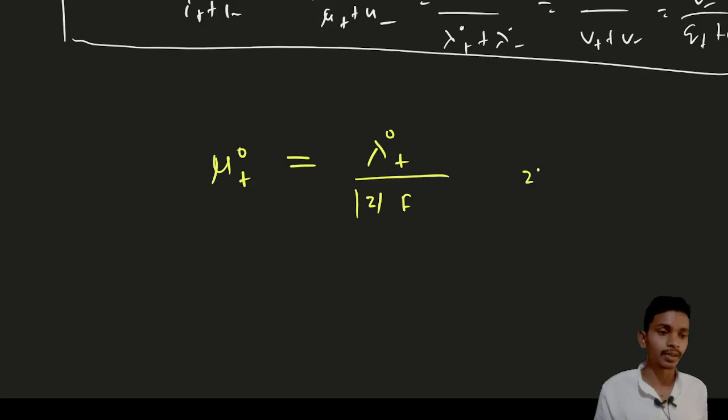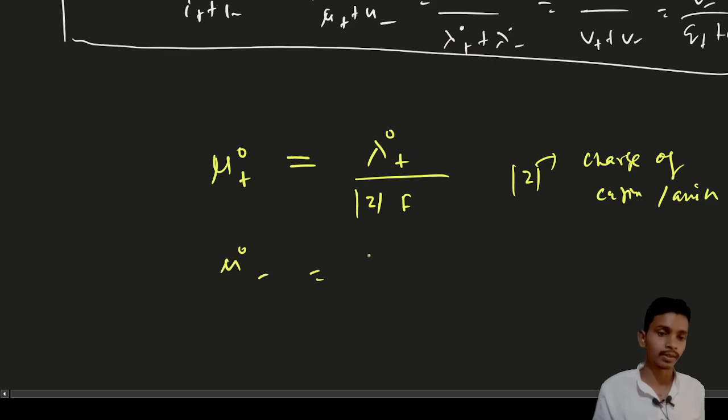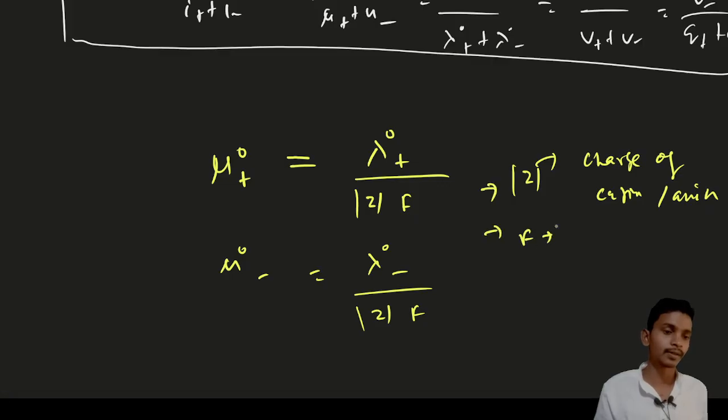This Z represents the charge of cations or anions. For anions, I write it similarly, and F is 96500 coulomb, one Faraday.